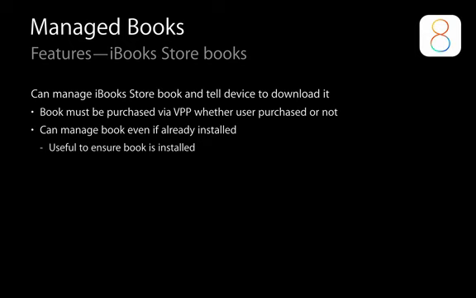That book must be purchased via VPP, even if the user has it. One difference between managed books and managed apps is that you can retroactively manage books in contrast to managed apps, even if the user has it installed. This is very useful in schools to ensure that a particular title is installed, to make sure that students have all of their work and the dog didn't eat it.